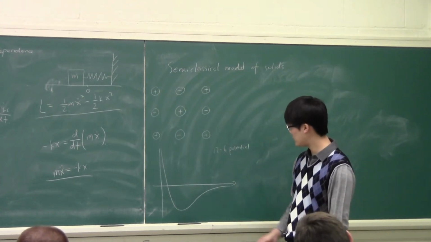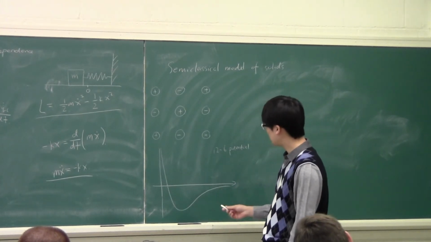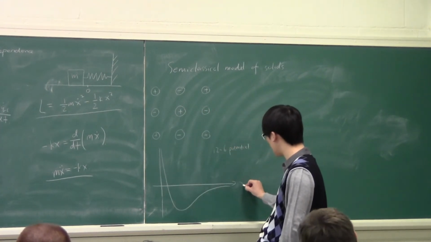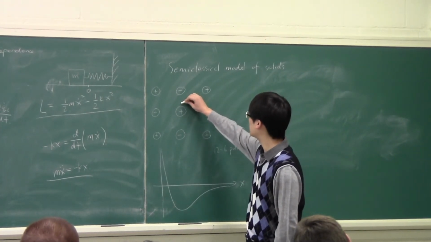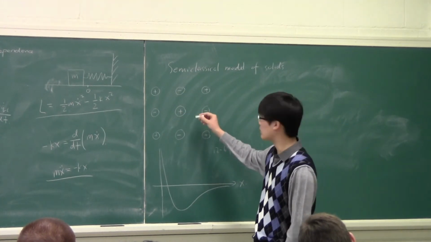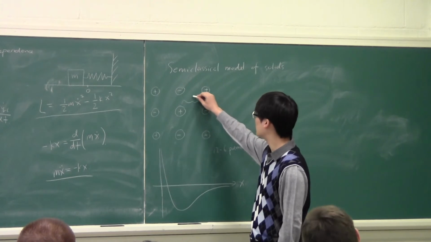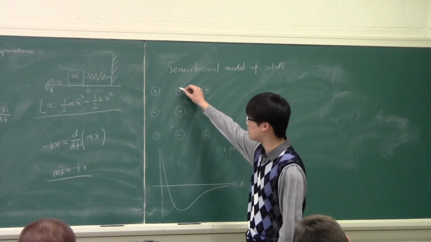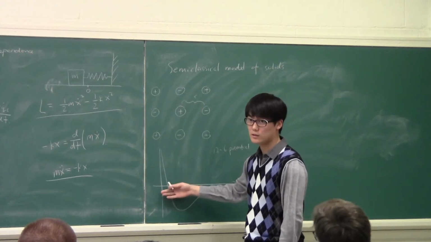What does this mean? Say we choose this coordinate, let this be x, the atom's distance from one of its nearest neighbors. The potential looks exactly the same in this direction as well, so we're taking a slice of it.